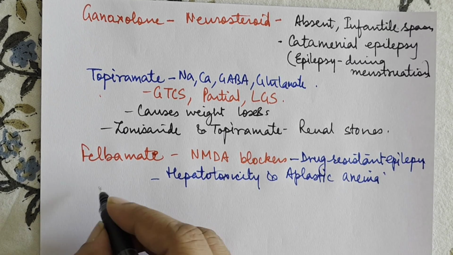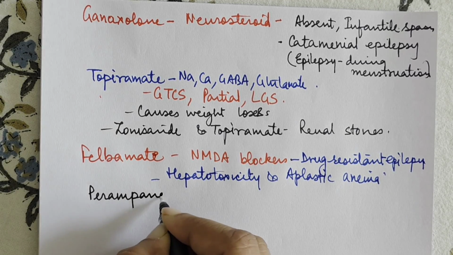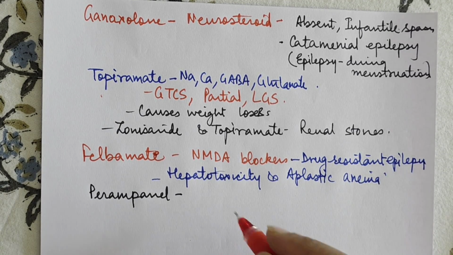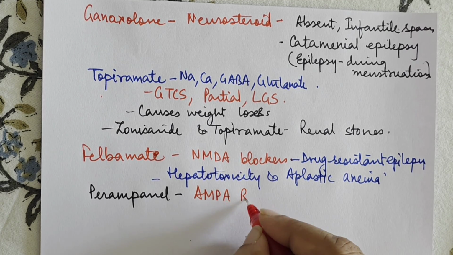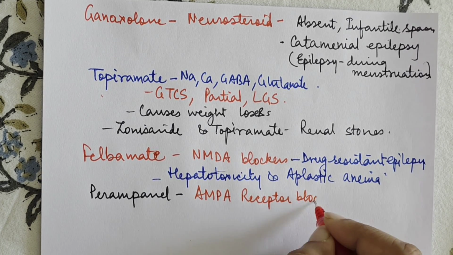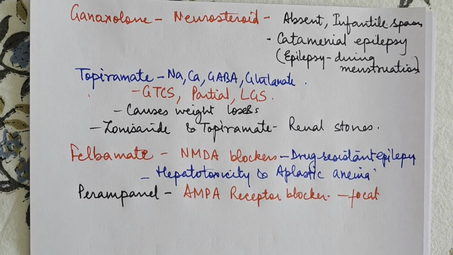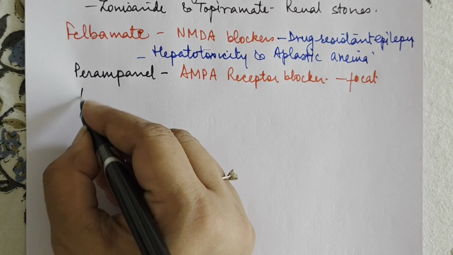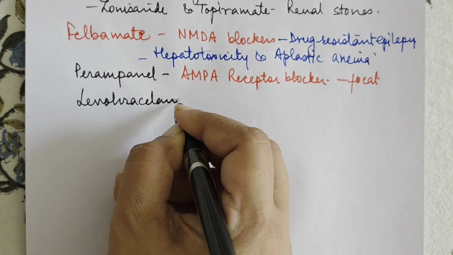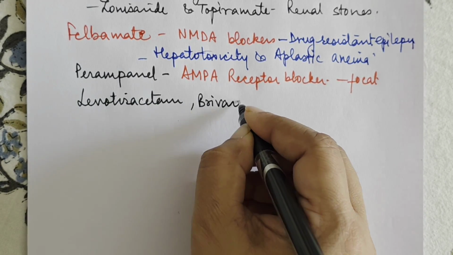Then next drug that we have is perampanel. Now perampanel is a new drug, and it is an AMPA receptor blocker, and this is used for focal seizures, right? Then levetiracetam and brivaracetam.